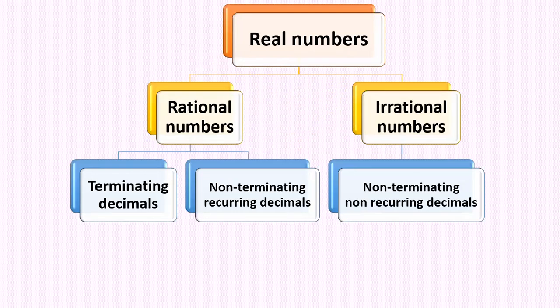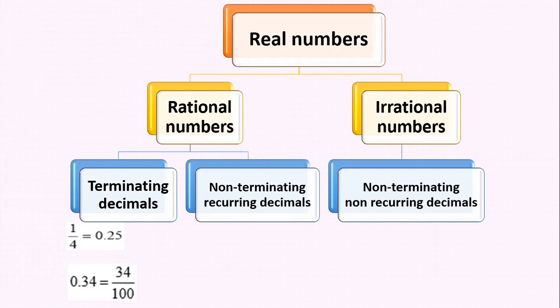The first kind is terminating decimal numbers, numbers like 0.25, also 0.34. These numbers stop at a point and do not go on and on.